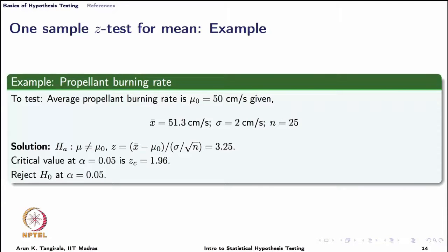And I am not showing you the data here. I have drawn this example from the book by Montgomery. The sample mean, for a random sample of size 25 drawn from the population, works out to be 51.3 centimeters per second, and assume that the standard deviation is given as 2 centimeters per second, which means the variance is 4.